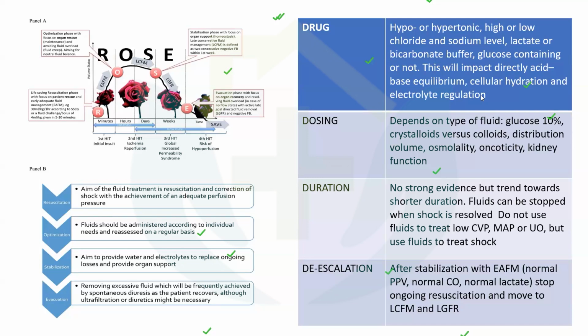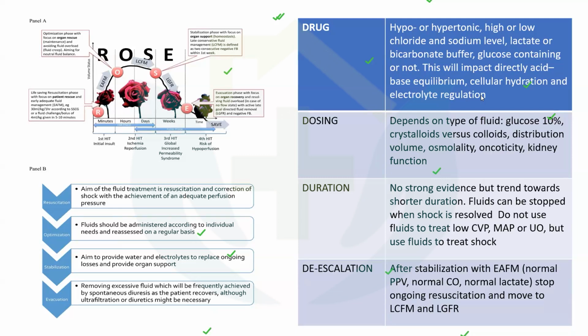Now, the last step is the evacuation phase. That is removing the excess fluid, which will frequently be achieved by spontaneous diuresis. The patient can diurese by themselves. We do not chase the fluid. Usually, in day-to-day practice, those who don't know these things give more fluid during this phase. We have resuscitated enough. We have pushed the fluids inside the body. Now the body itself will pour out the excess fluid.